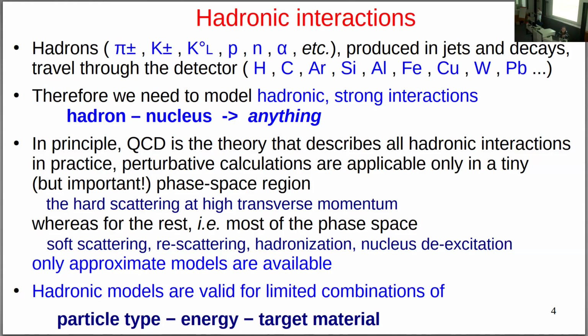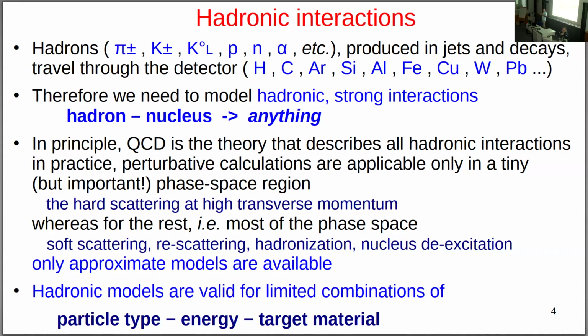So in many applications, certainly in high energy physics, but not only, in space, for instance cosmic rays, or medical physics, if you have to do with hadron beams, you basically have these hadrons traversing some detector made of different types of material. So if we want to make a simulation, we should be able to model the strong or hadronic interaction of any of those hadrons with the nuclei of any material, essentially. So we have to model this hadronic strong interaction.